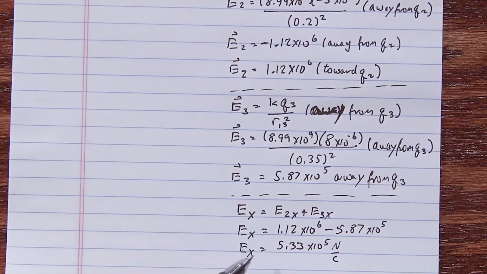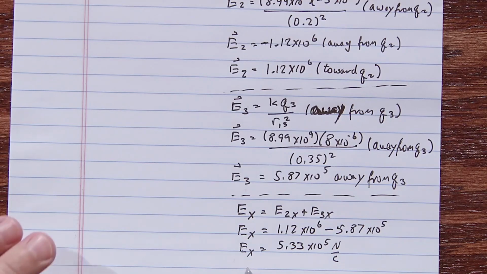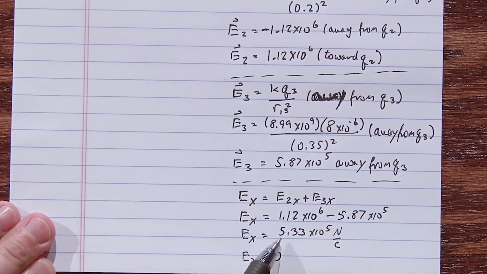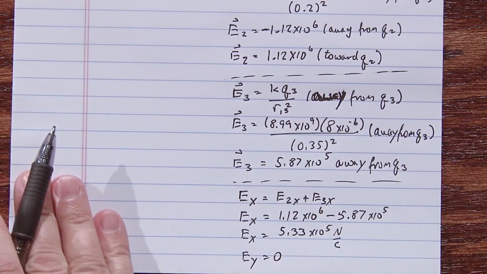So the total electric field, when we add up the contributions from charge 2 and charge 3, is 5.33 times 10 to the 5 newtons per coulomb in the positive x direction. And of course, since there's no electric field in the y direction, Ey would be 0. So we have an electric field in the positive x direction and not at all in the y direction.